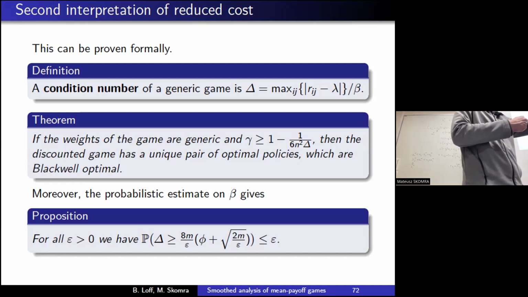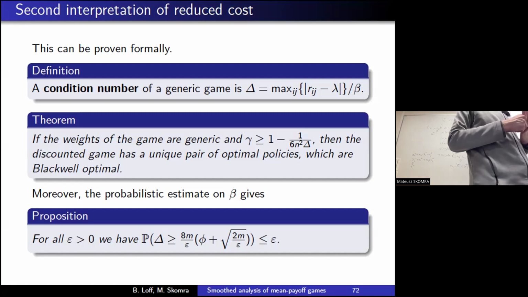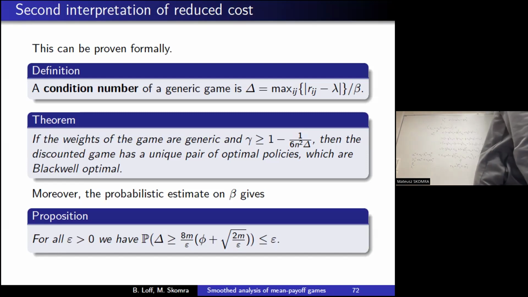The higher the beta is, the lower the Blackwell threshold. If the Blackwell threshold is large, then gamma star is too close to 1, and so the second order term is not relevant. So the bias is not relevant. So that's logic.